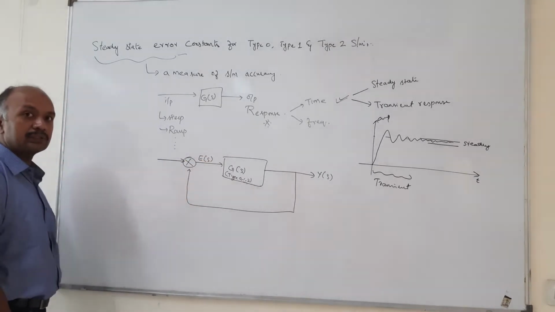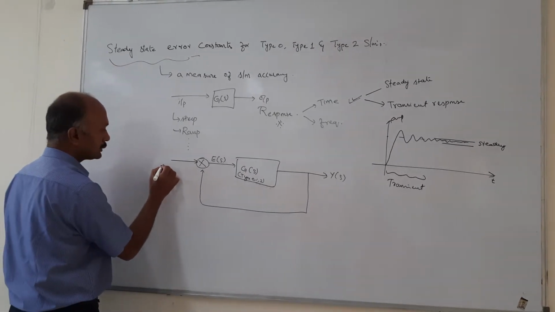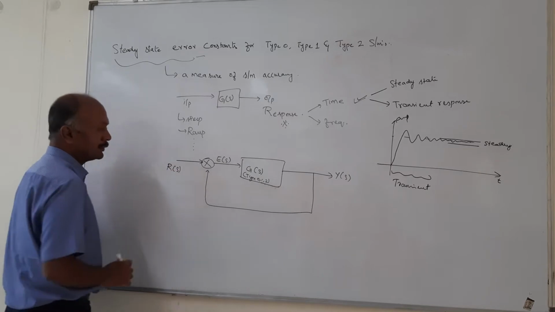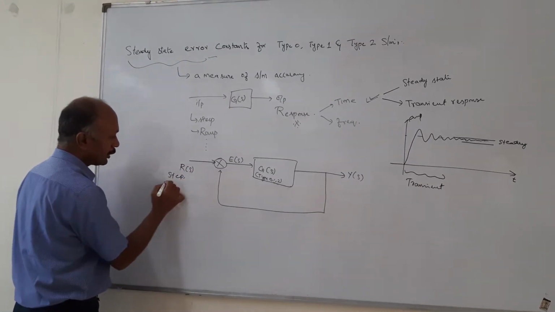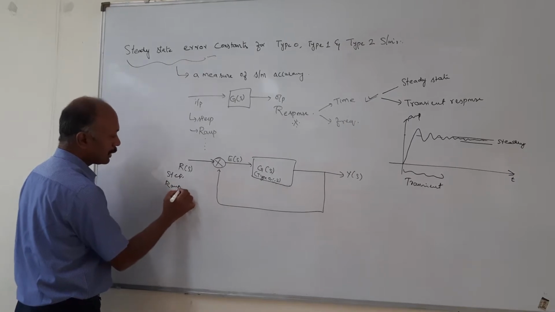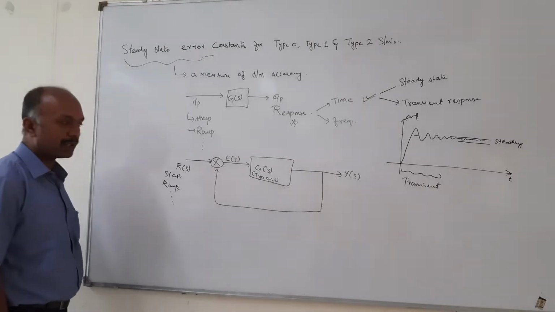So E of S is nothing but your error, and let us consider the input to be R of S. R of S can be a step input, a ramp input, a triangular input, or whatever inputs we have.